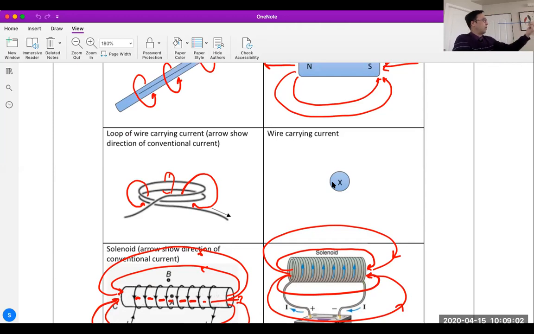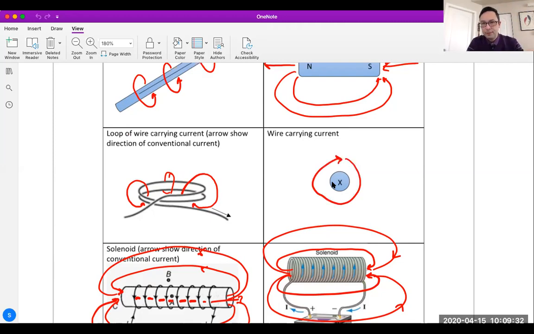So if current's running away from you, right-hand rule, right? Thumb goes away from you. Look at the direction in which the magnetic field lines wrap around that wire, this way. So when you do that on that question, looking at your piece of wire, current away from you, wraps around, you have a magnetic field that runs in this direction.